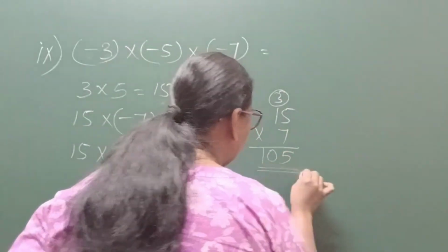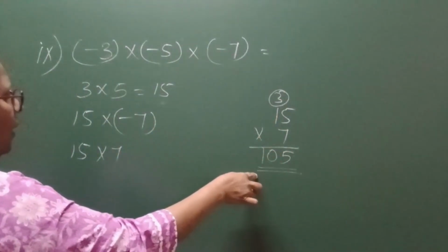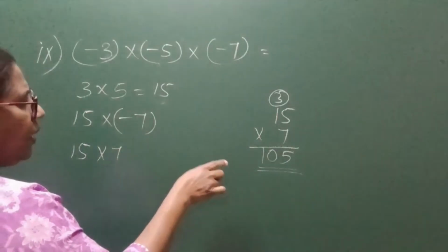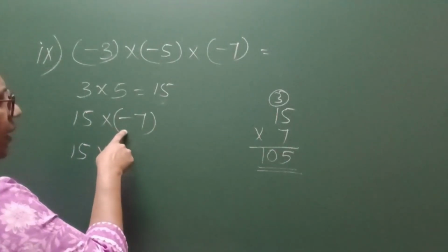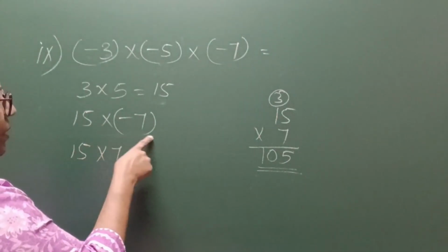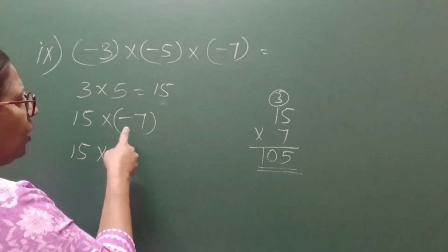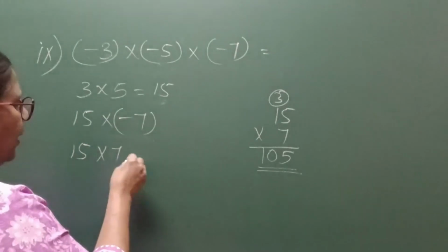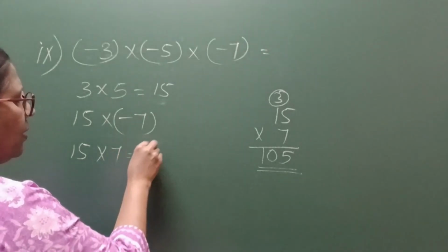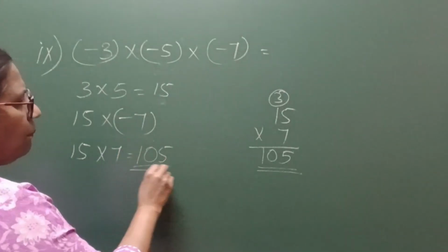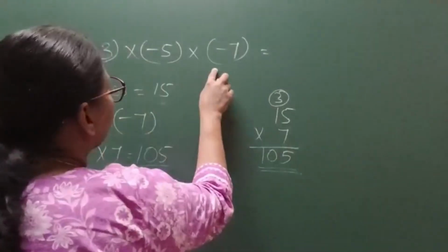So we get the product 105 here, and after that we have to see the sign, because these are two different integers, they have unlike signs. So we have to give the negative sign for this answer. Here we get 105, but with a negative sign.